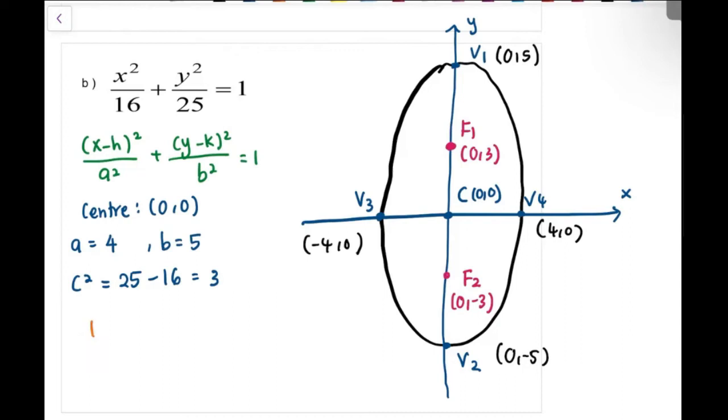Question asks for length of major and minor axis. So the length of major axis will now be 2B because B is longer. So it is 10. And the length of minor axis will be 2A. So in this case, it would be 8. Okay. Settle.